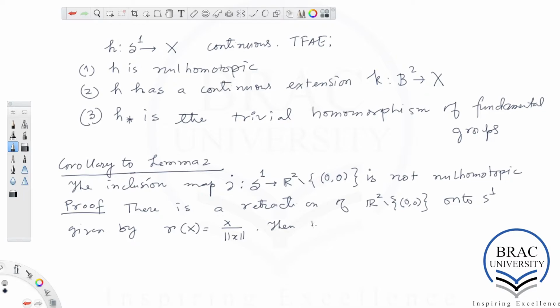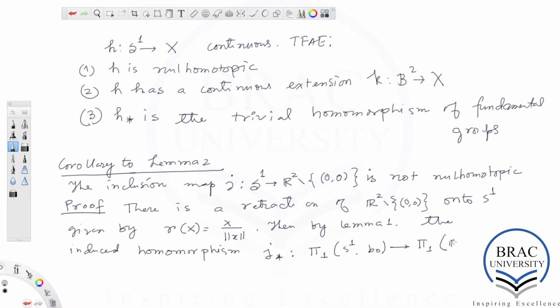Then by Lemma 1, the induced group homomorphism J star from the fundamental group of the unit circle with reference to this distinguished point B0 to the fundamental group of this punctured plane is injective.